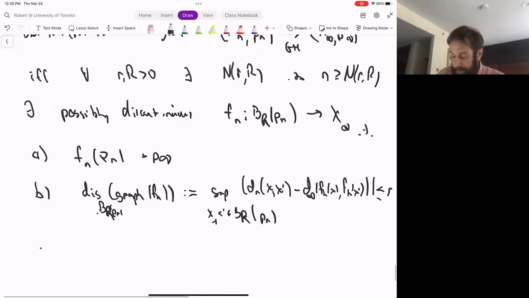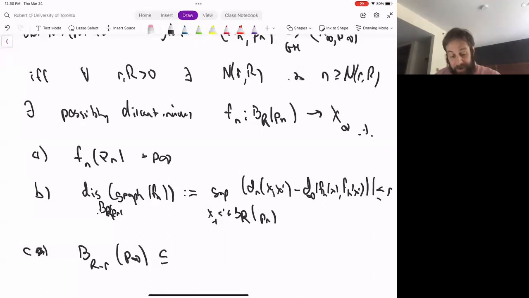And finally, point C, is that the ball of radius big R minus little r in the limiting space should be contained in a little r neighborhood of the image of the large ball in the finite space.